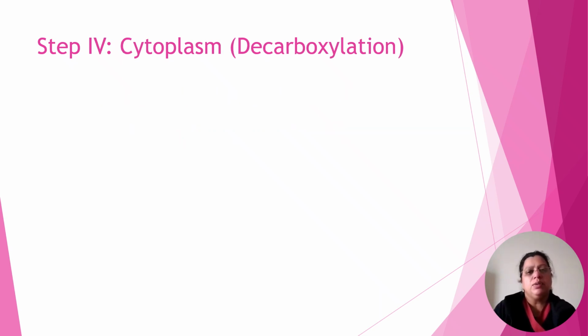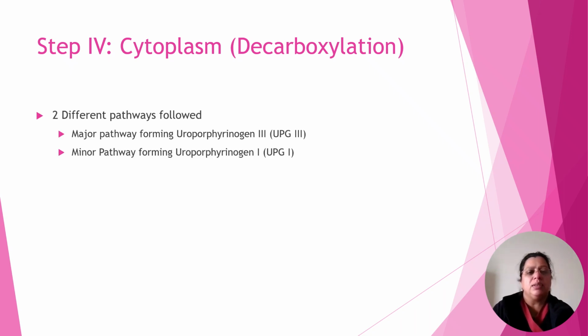Now moving on to the step 4 of porphyrin synthesis, we are still in the cytoplasm and the next reaction that occurs is a decarboxylation reaction. There will be removal of carbon dioxide in this process. Before we go into the actual reaction, we must go through a few things, which are that at this point of time, two different pathways are followed.